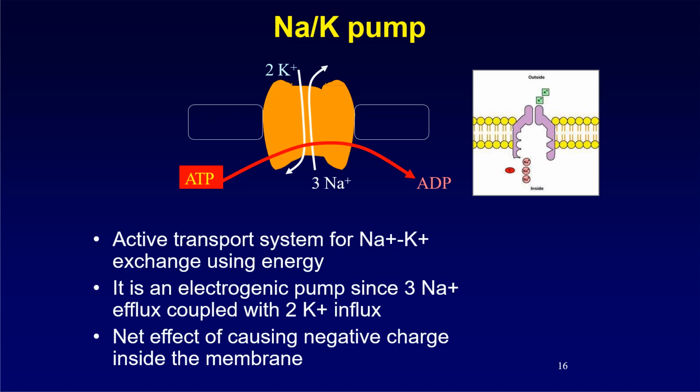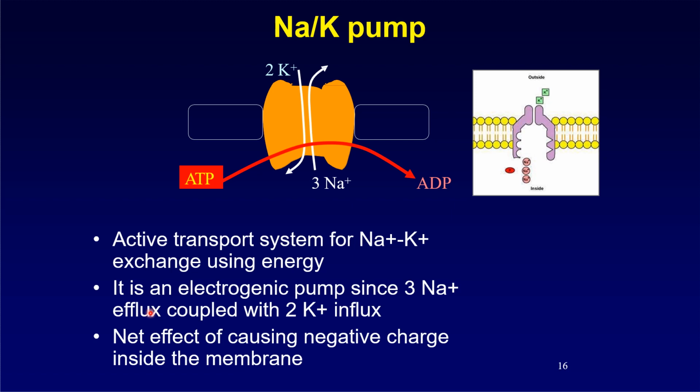The sodium potassium pump is a very important factor which helps in the development of the resting membrane potential. In the cell membrane, this pump is present which pumps actively. Sodium and potassium ion movement takes place actively, that is, using energy from ATP. It is electrogenic, meaning producing electricity: 3 sodium move outside and 2 potassium move inside.